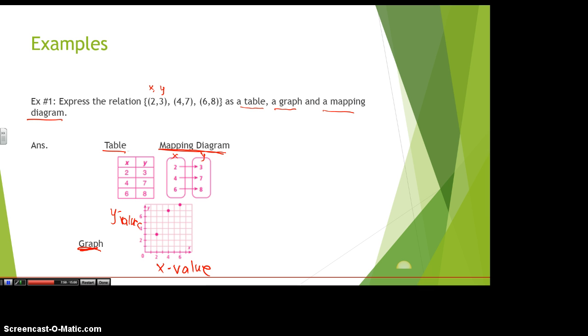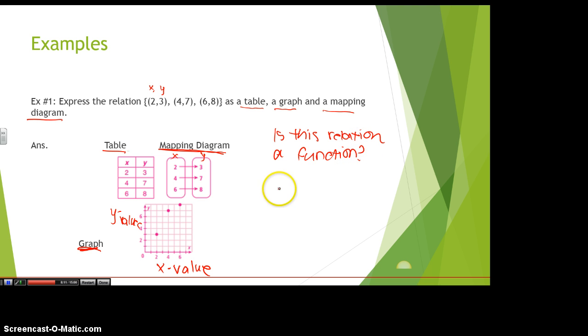Now, looking at this, my x and my y, for each x, is it paired with a y? Yes. So it's not asking us this in the question, but it would say, is this relation a function?